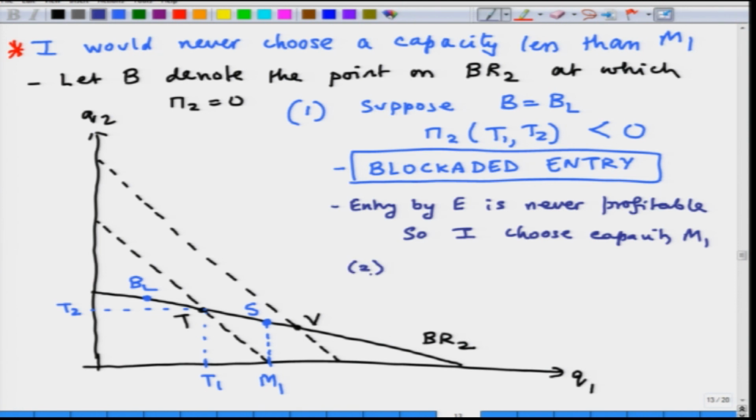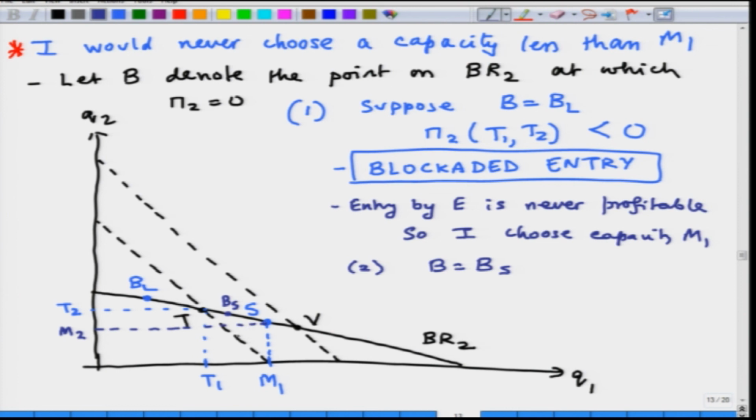The second case is where B is a point like BS, where the entrant is going to break even at T, but let us call this M2, and its profit at M2 is less than 0.